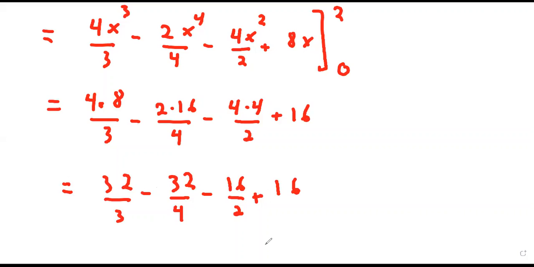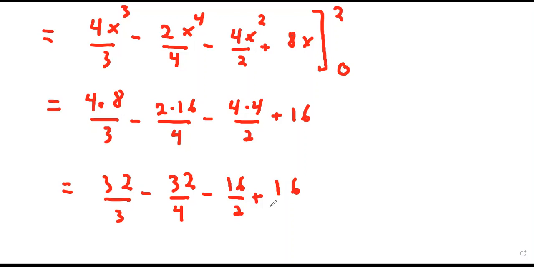Of course, these are not nice fractions, so we have to try and get a common denominator. Let's use our handy calculator because I'm tired right now. 32 over 3 minus 32 over 4 minus 16 over 2, which is the 4, plus 16.